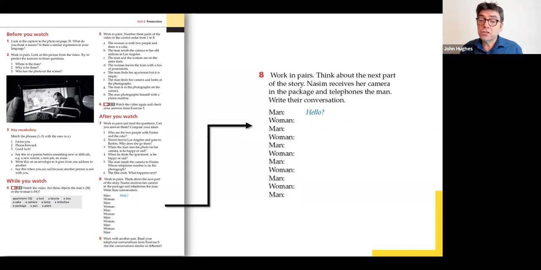They have to imagine that the man meets the woman or talks to her on the telephone, and they have a dialogue. And so they generate a dialogue between the man and the woman, and then they perform it for the rest of the class. So they watch the video, and then they write the dialogue of what happens after the video.